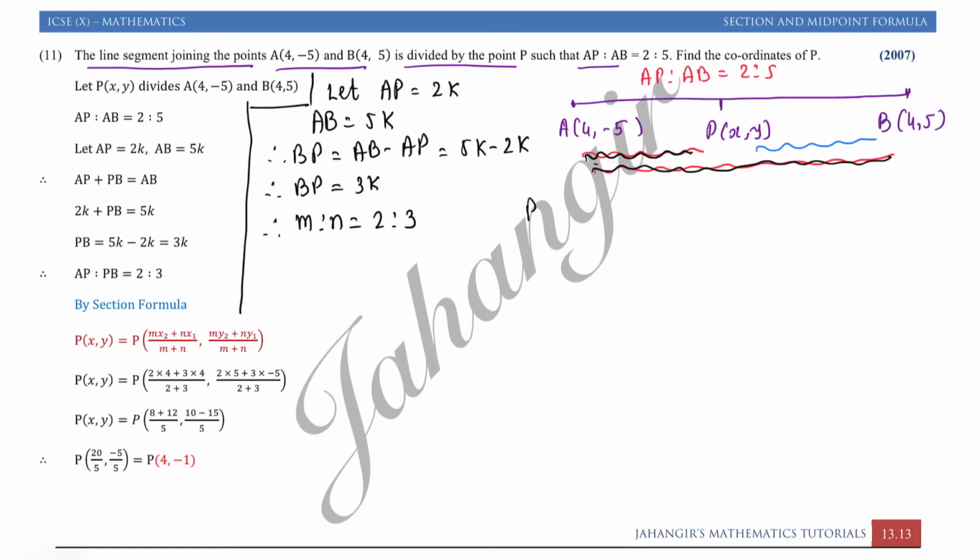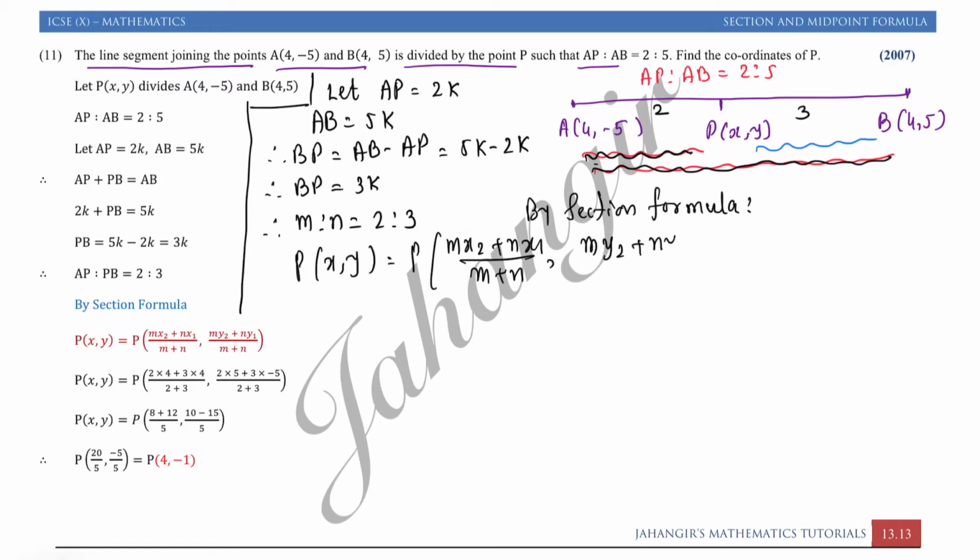So now we can write the section formula. Here I can write the ratio 2 is to 3. The formula: P(x, y) is equal to P of (m x2 plus n x1) upon (m plus n), comma (m y2 plus n y1) upon (m plus n). Just try to write the formula so that you can memorize it.